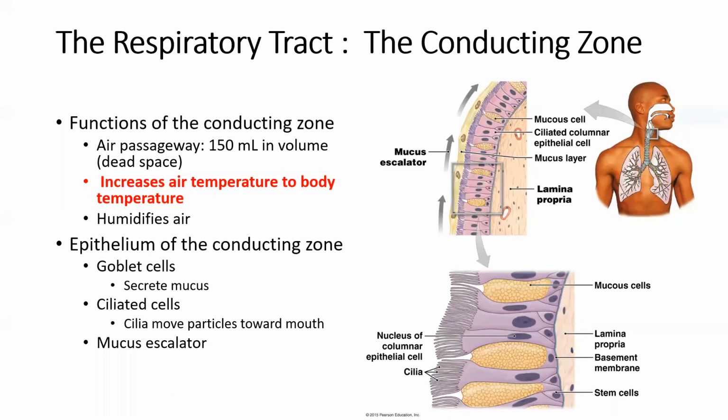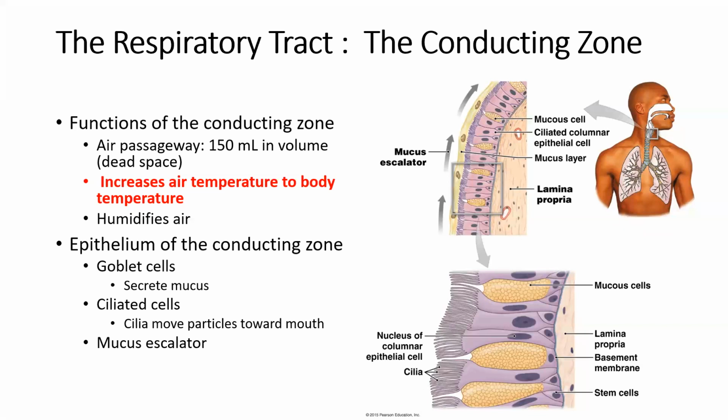Cilia are hair-like structures at the top, or apical portion, of the cell, facing the lumen of the respiratory tract, and they're beating, moving in a swaying-like motion, and that motion is sweeping the mucus that has trapped these pathogens and moving it towards the pharynx so that it can be either swallowed or expelled. As we typically know, if you have a cough or cold, that's what happens, right? This whole sequence of events is known as the mucus escalator, okay?